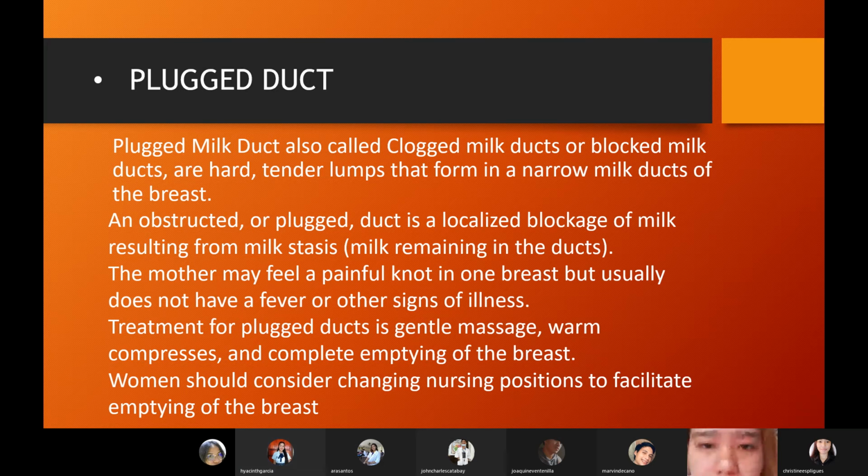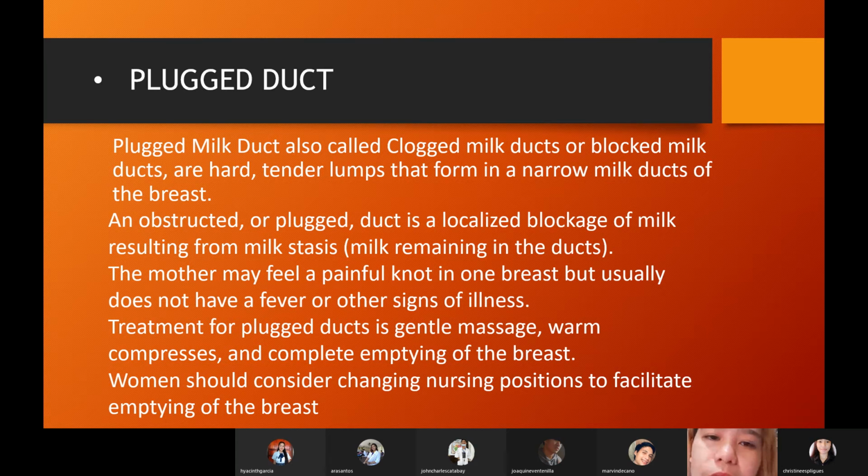Thank you, Miss Sia. So, I will just explain some. This plugged duct, or the clogged duct in Tagalog terms, is when the duct or the canal of the milk is barado. So the milk has difficulty flowing properly.